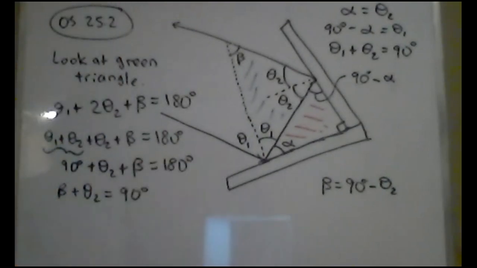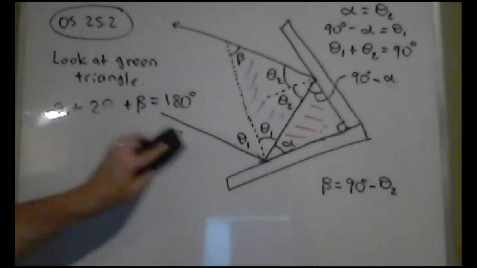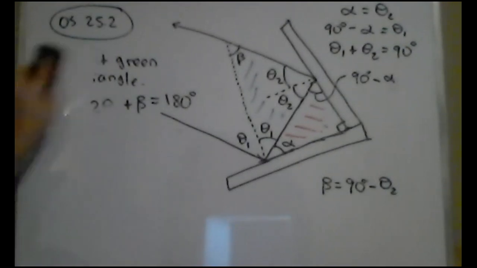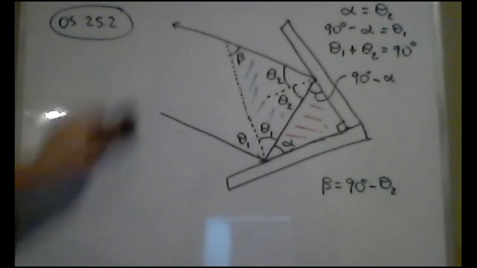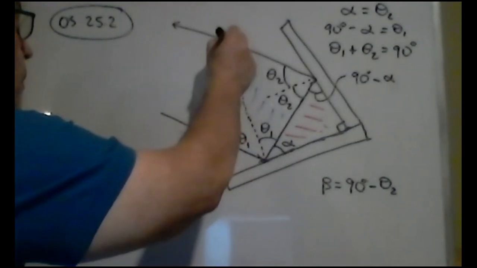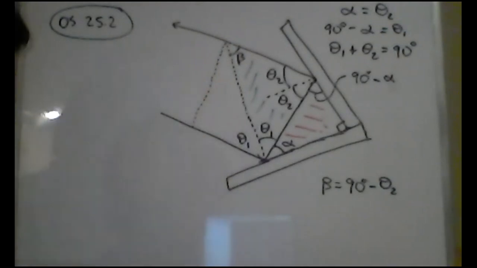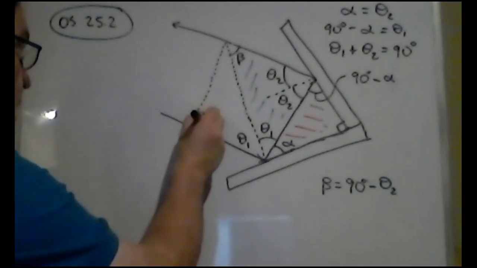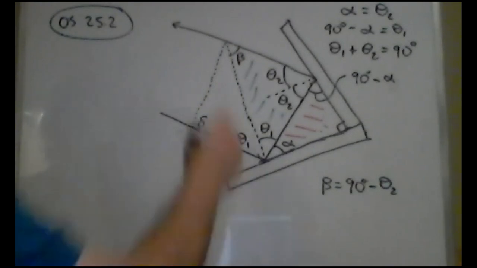So again, another fact. What I'm going to do now is connect these two rays, and I'm going to draw a couple more angles. I'm going to have an angle delta, and I'll have an angle gamma.